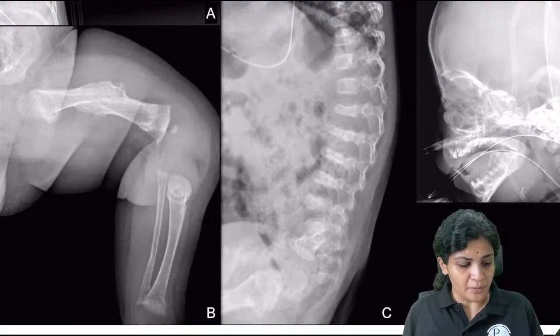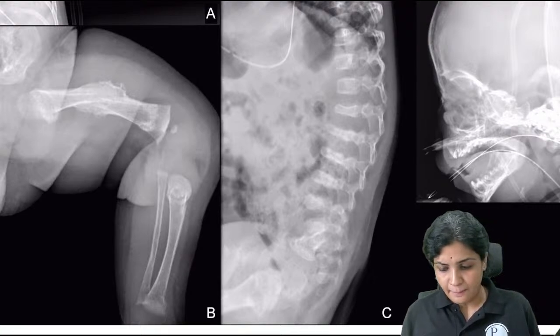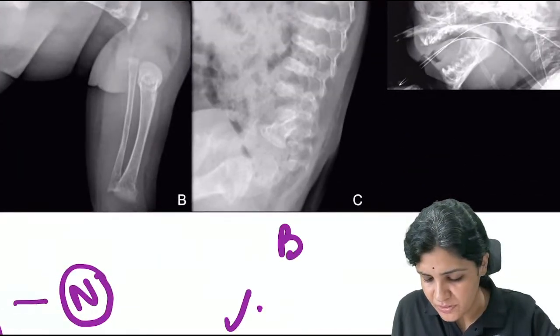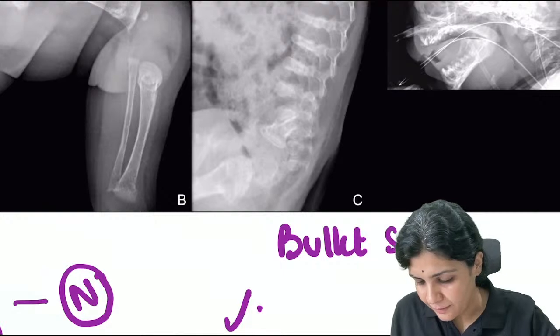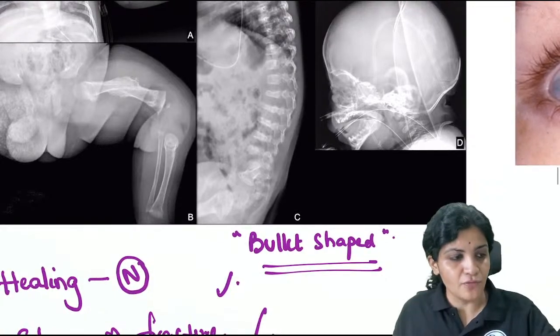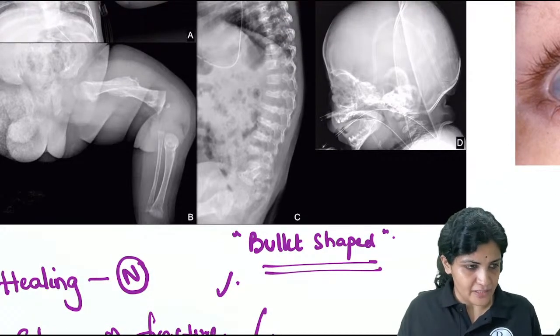What is the shape of these vertebrae? Yes, very good. It is bullet-shaped vertebrae. Very good. You can see that there are bullet-shaped vertebrae in case of osteogenesis imperfecta. Okay.